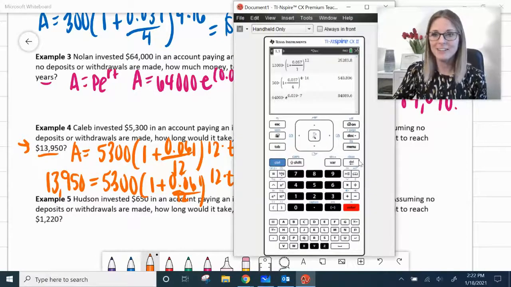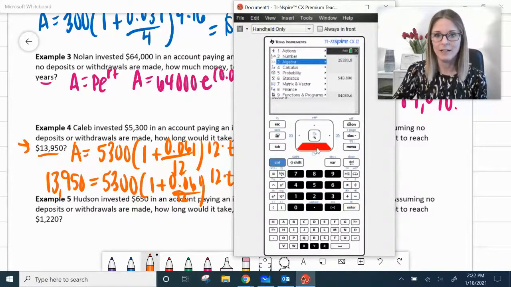All right, had to move my calculator so we can see this problem. We're going to go to menu. Algebra, numerical solve.